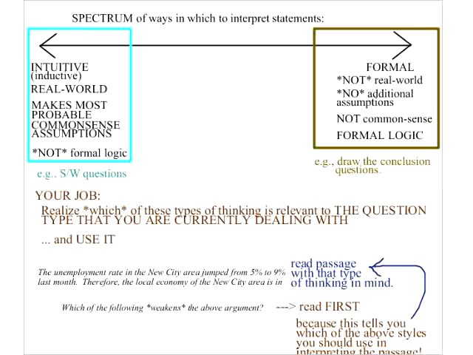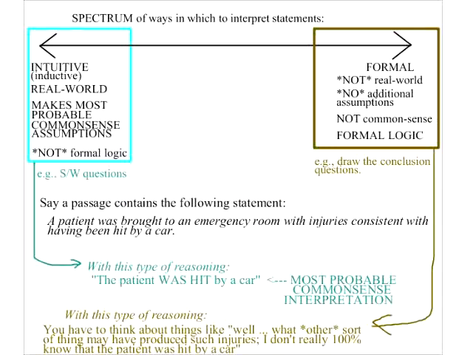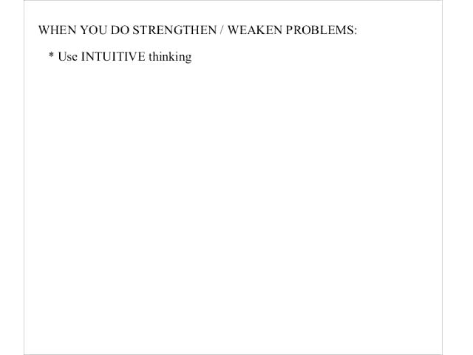So the deal then is, as a reminder, we're going to look at a few examples now. But when you do strengthen, weaken problems, you need to use intuitive thinking.